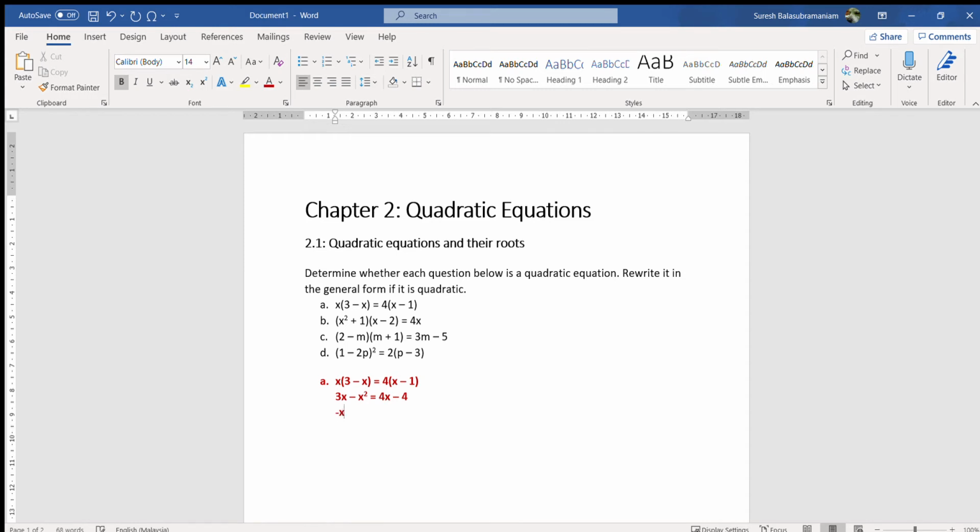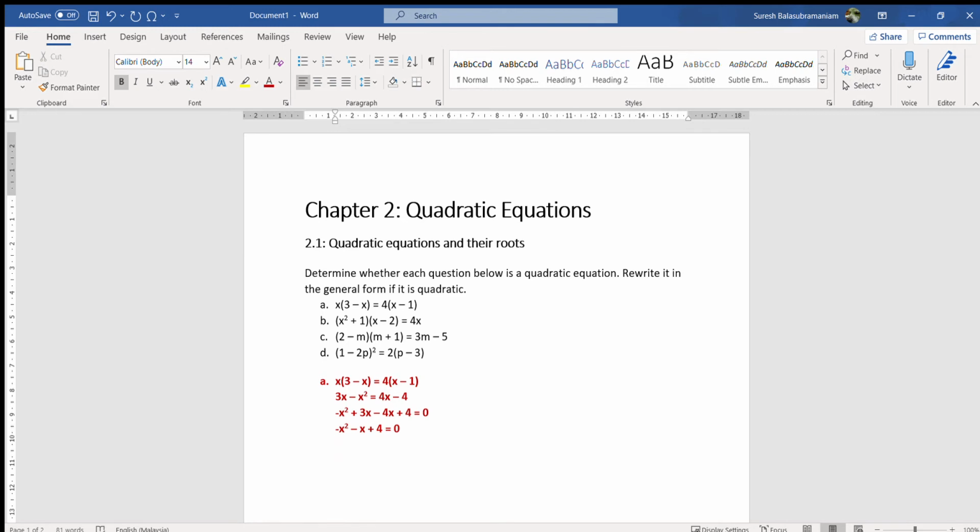So we get negative x square plus 3x minus 4x plus 4 equals 0. To simplify this, minus x square, 3x minus 4x, you'll get minus x plus 4 equals 0.